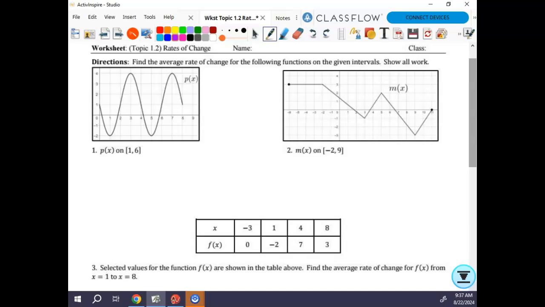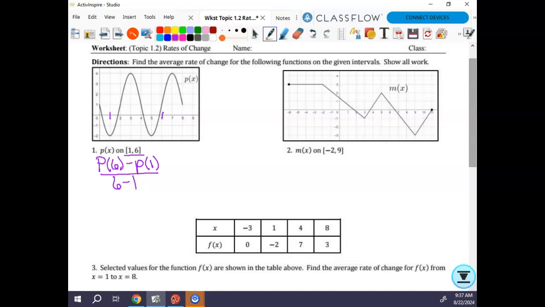Okay. So we're going to find the average rate of change for the following functions and show all work. I want the average rate of change on this interval, going from 1 to 6. So I need to write P of 6 minus P of 1 over 6 minus 1.